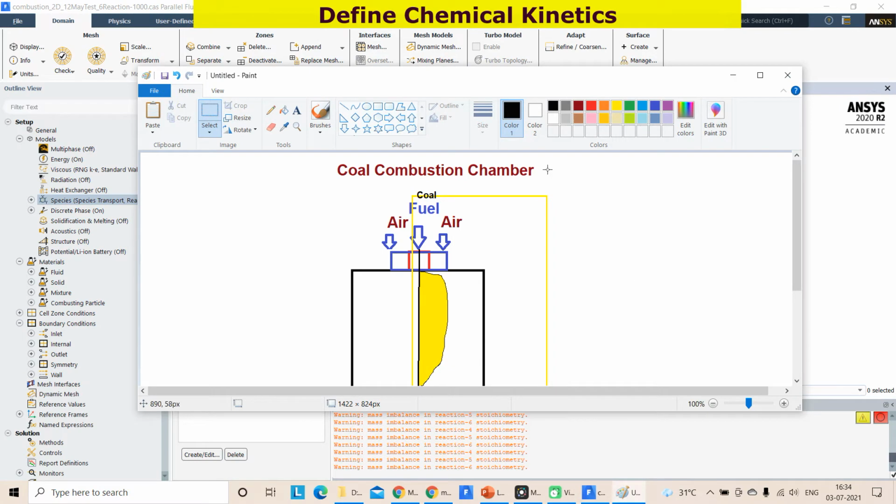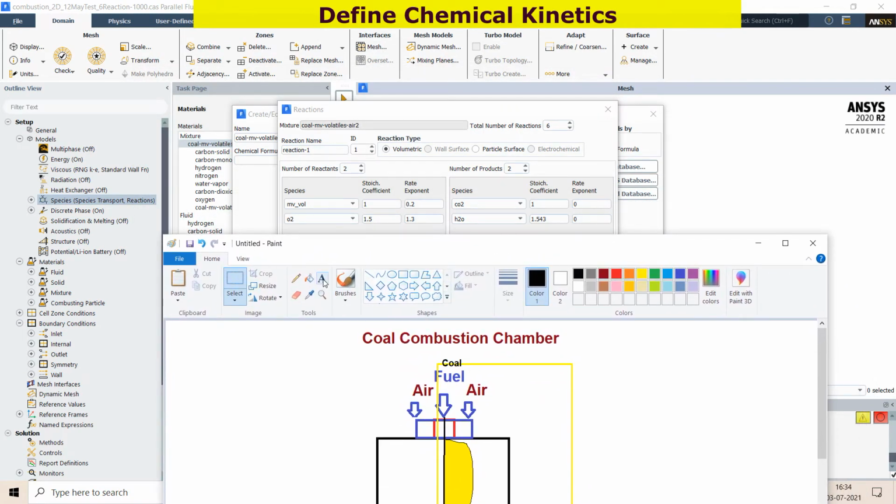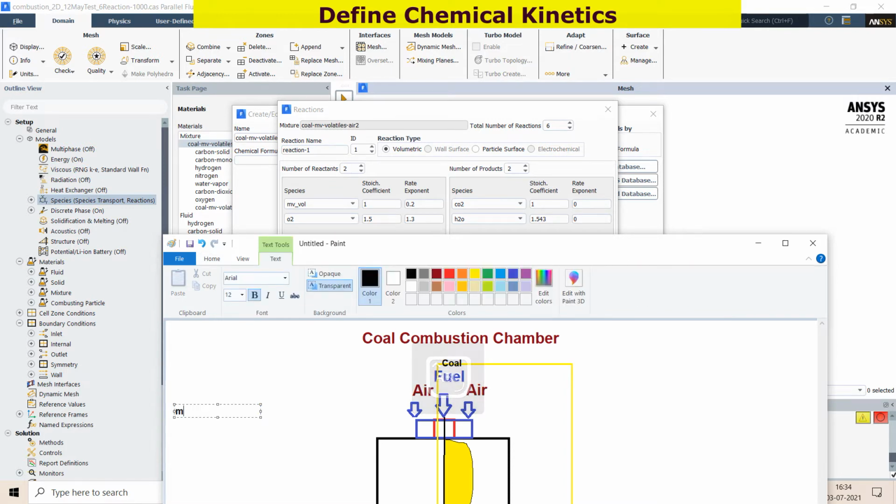Last time I also discussed this. This reaction happens when coal volatile reacts with O2, then we get CO2 plus H2.